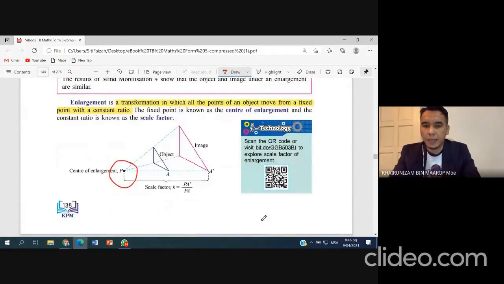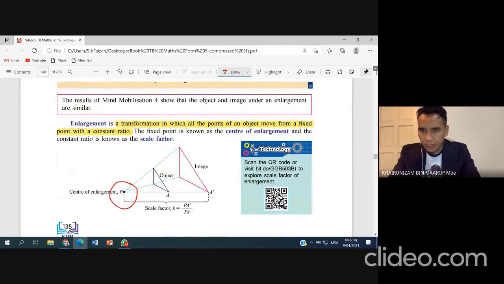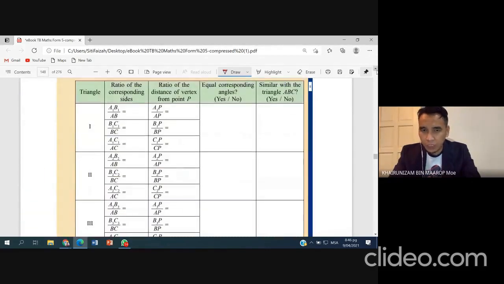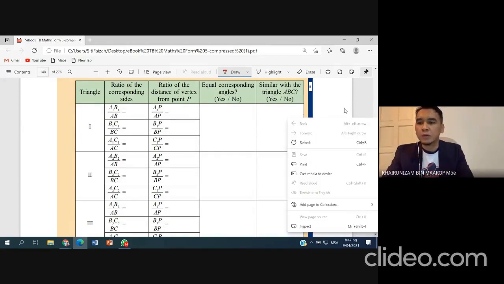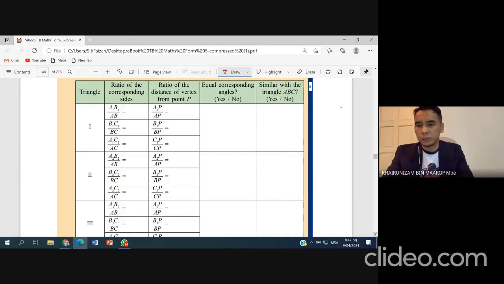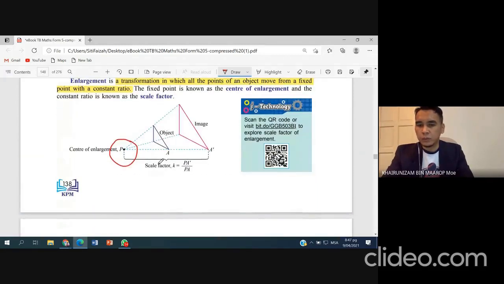And then from the other activity, we find the ratio. Actually we have already done how to find the ratio, for the sides. So from this activity, we get the same ratio. The ratio is represented by the scale factor.